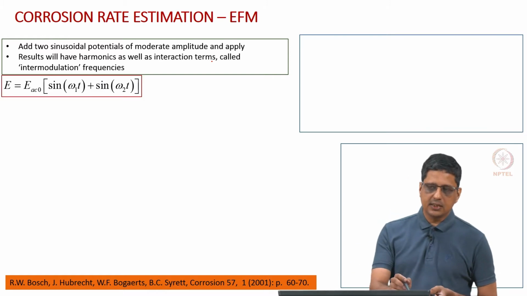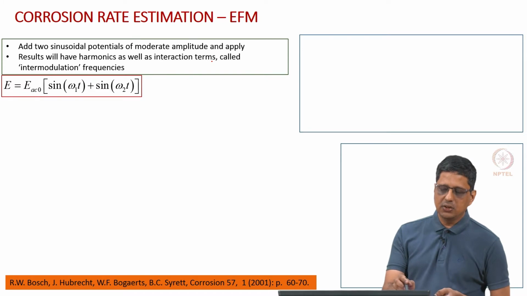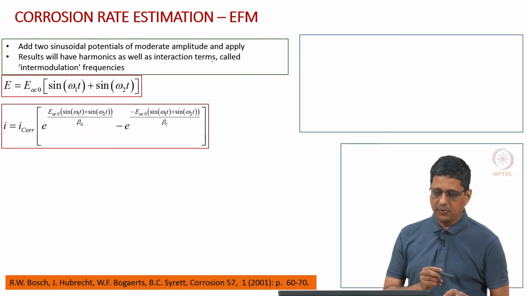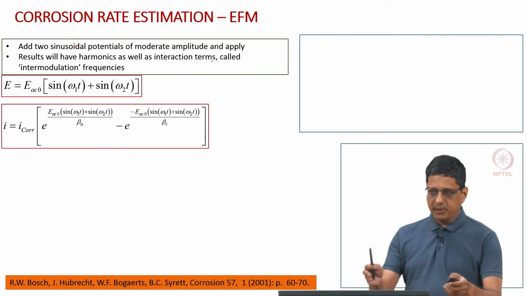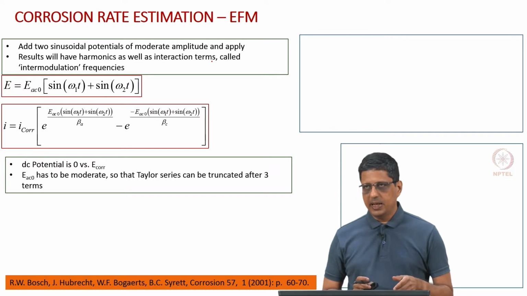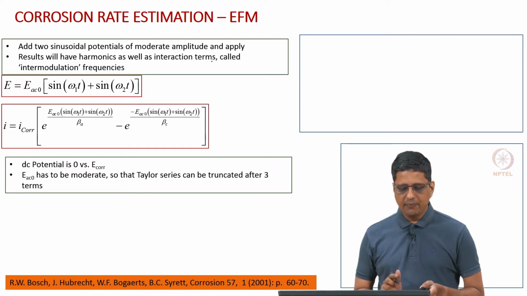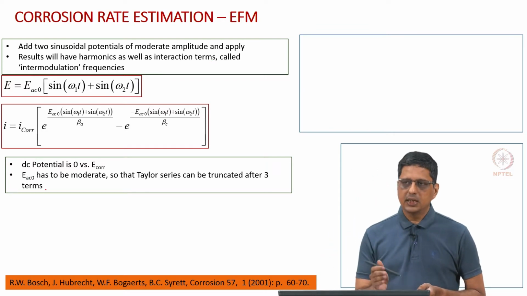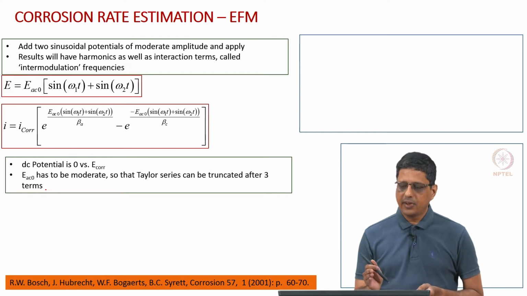So, the potential is not just sinusoidal, it is E_AC0 (sin omega 1 t plus sin omega 2 t), and you can again expand this. We do not apply any DC bias, so it is going to be at open circuit potential. This has to be moderate, so that the Taylor series can be truncated after 3 terms.